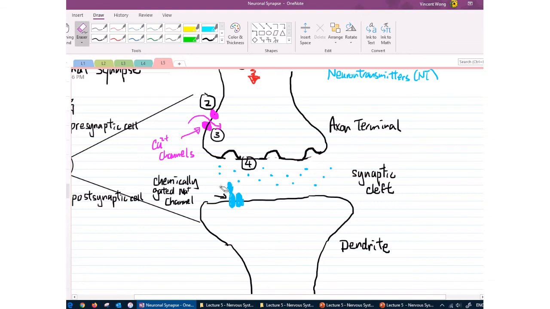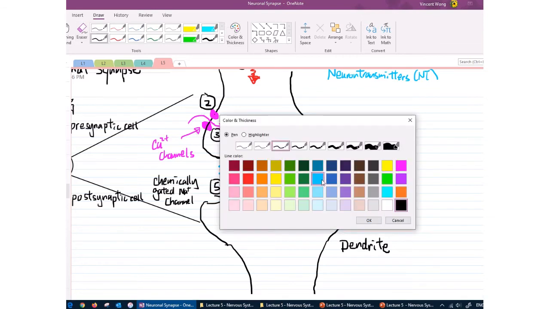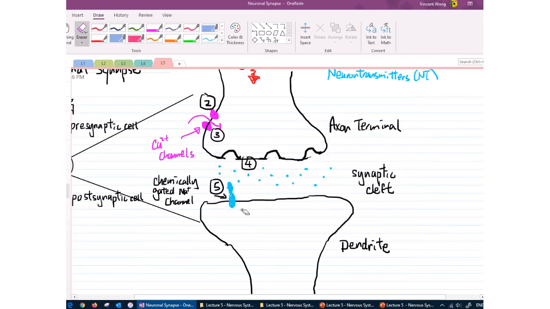So number five is that the neurotransmitter will bind to the appropriate receptor, and that will cause it to open. Okay, and as soon as the sodium channels open, then it will cause the sodium to move into the cell.